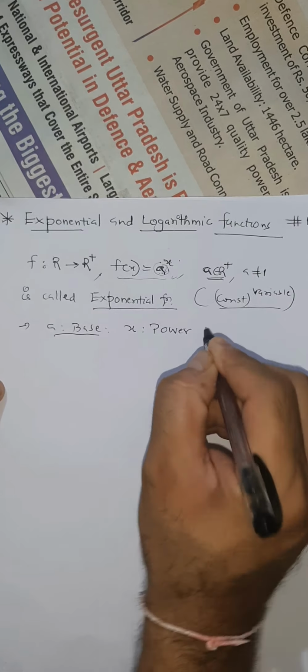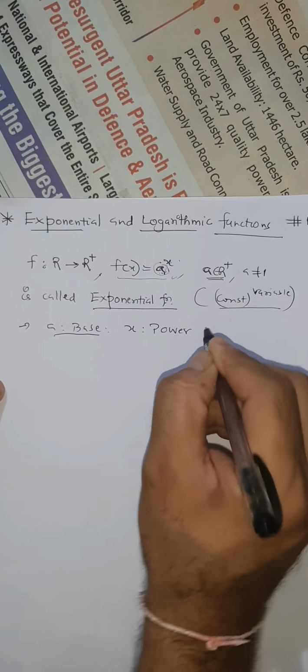So for example, I want to go from base A to base B. If I have log x to the base A, I want to convert it into base B. So this is equal to log, now the base is B here. The upper number you write in the numerator, the lower number you write in the denominator. This is change of base.